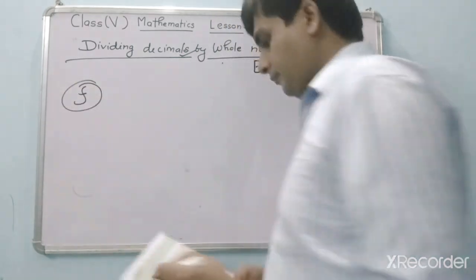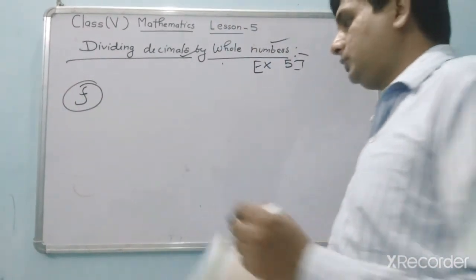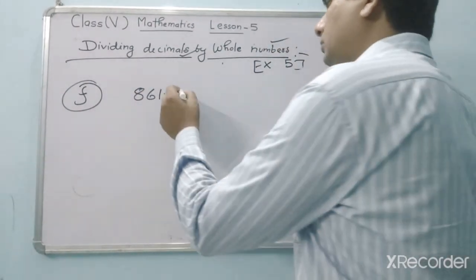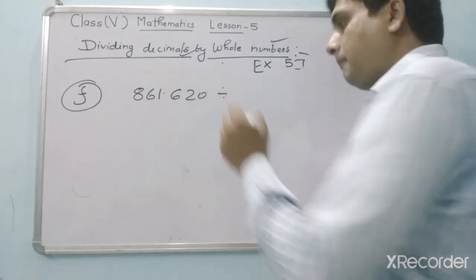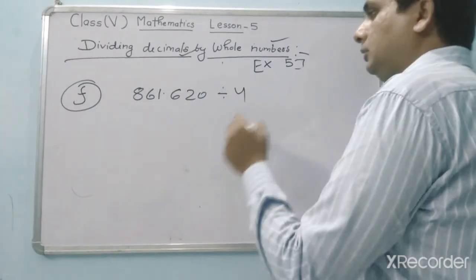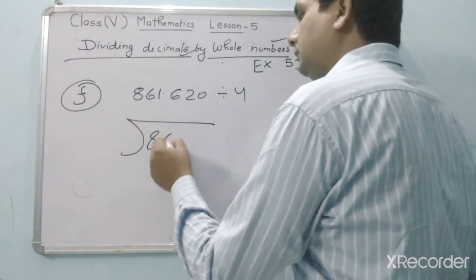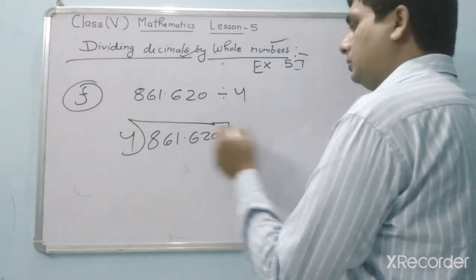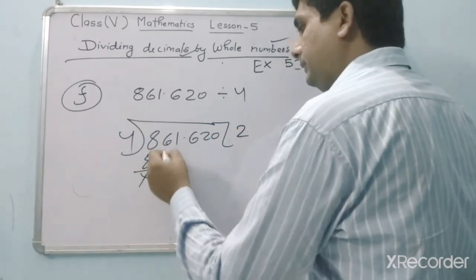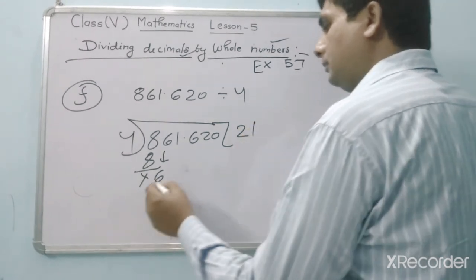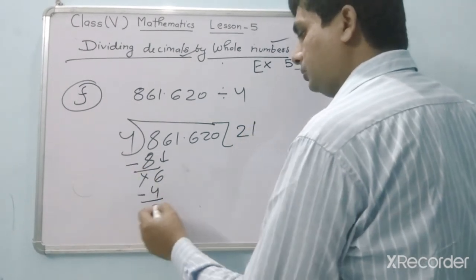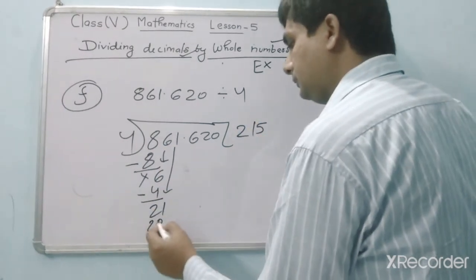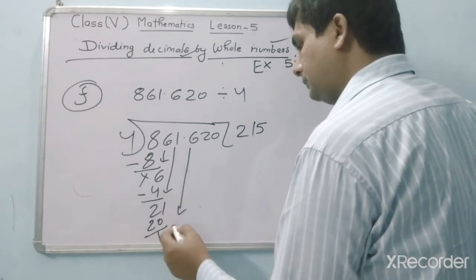861.620 divided by 4. Write 4 in the bracket. See here, 4 into 8, we'll divide, then take 6. 4 ones are 4. Write here subtraction, 2. Then 1. 4 fives are 20. Then take here 6.